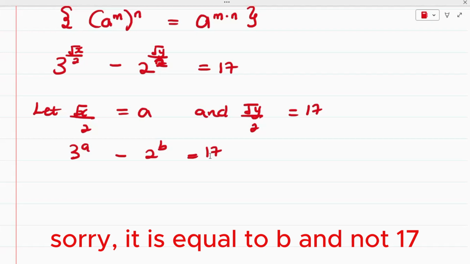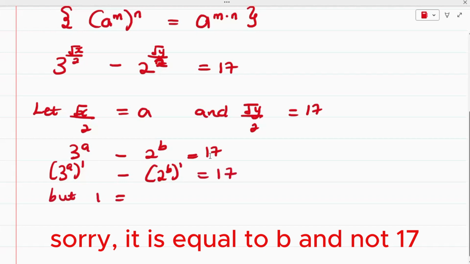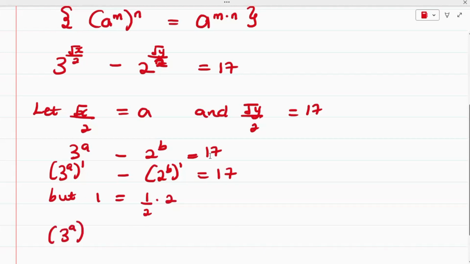We can easily express this as 3 raised to the power of a raised to the power of 1, multiply 2 raised to the power of b raised to the power of 1, and this is equal to 17. But 1 can be expressed as 1 over 2 multiplied by 2. Okay, so we have 3 raised to the power of a raised to the power of 1 over 2 multiplied by 2, minus 2 raised to the power of b raised to the power of 1 over 2 multiplied by 2, and this is equal to 17.